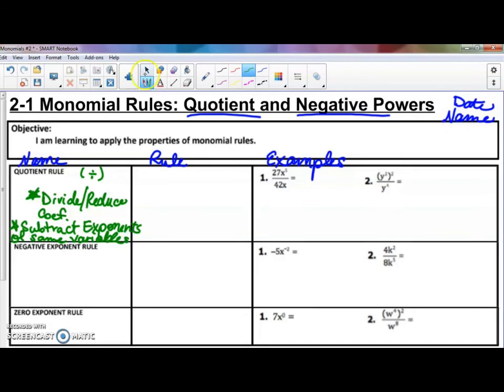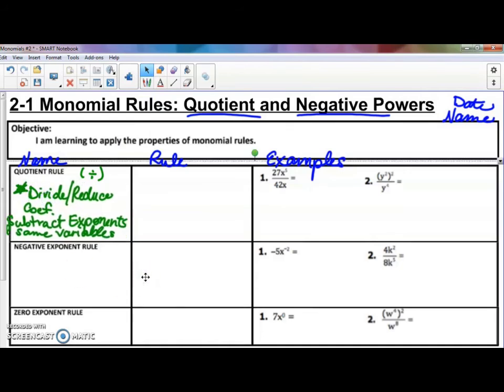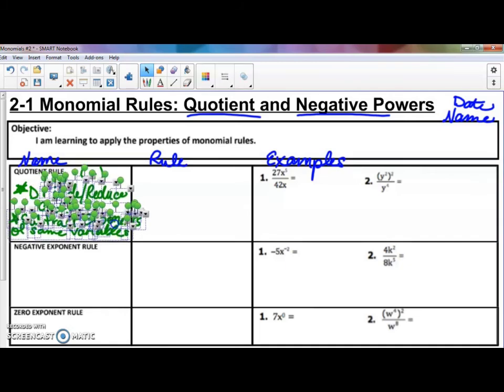Those are our two main steps. So we divide or reduce our coefficients and subtract exponents of same variables.